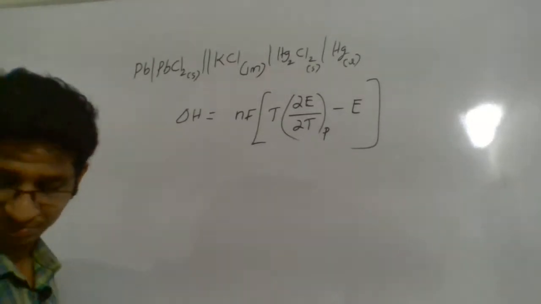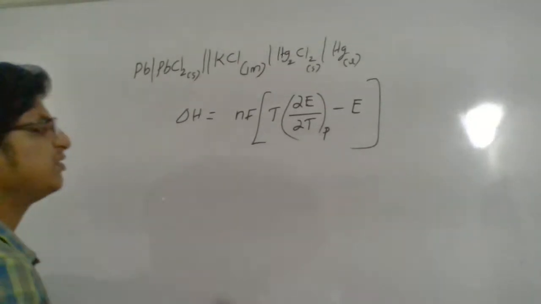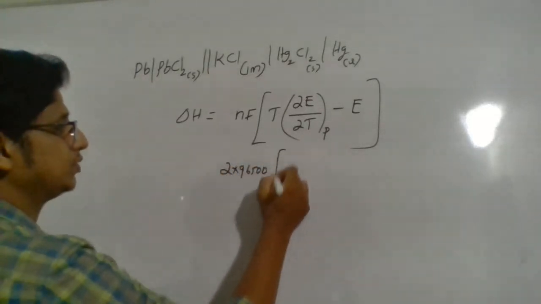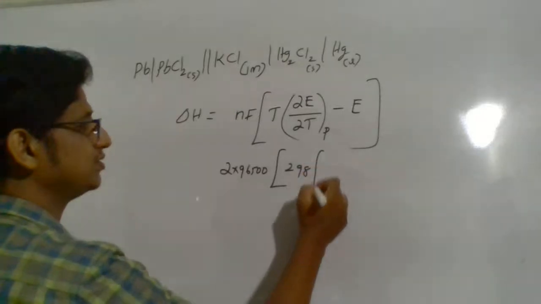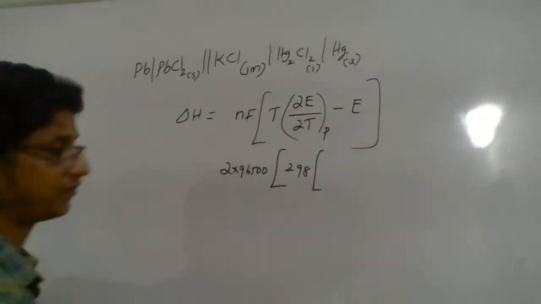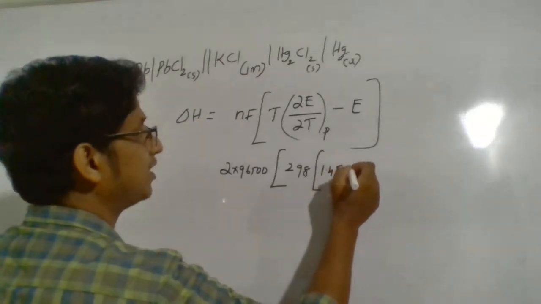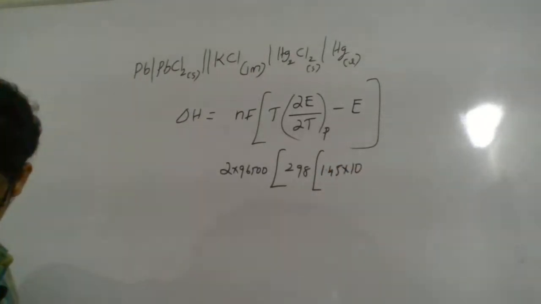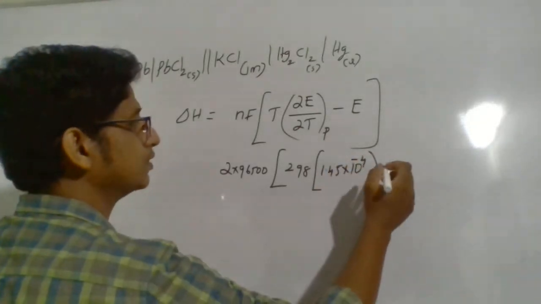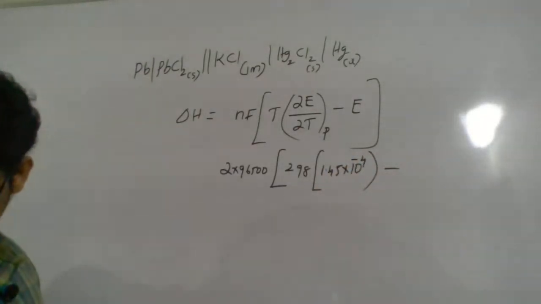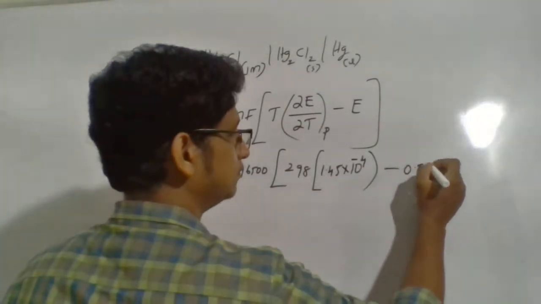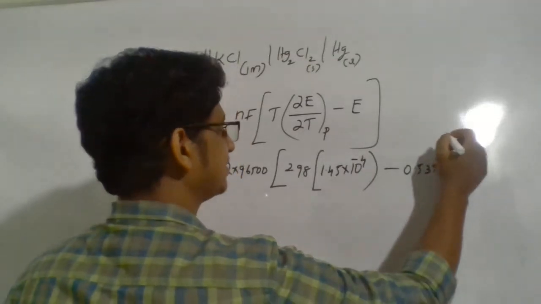So just substitute the values: 2 into 96500 into 298 into 1.45 into 10 raised to minus 4, minus E, which is 0.5357.